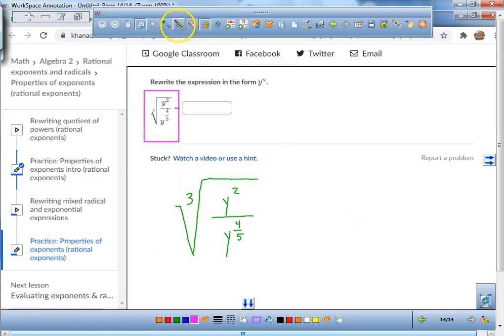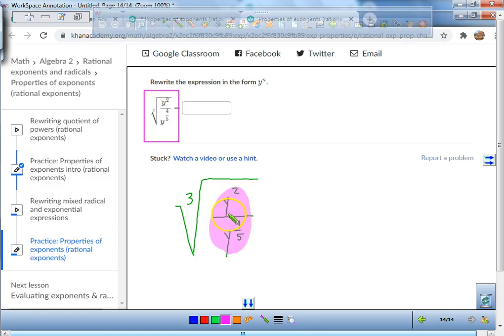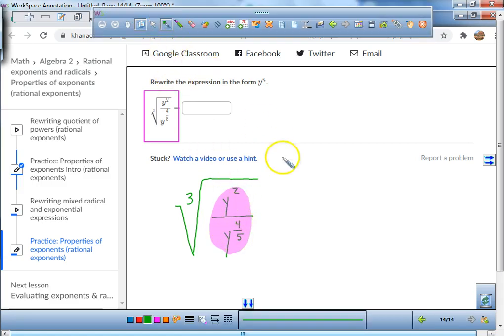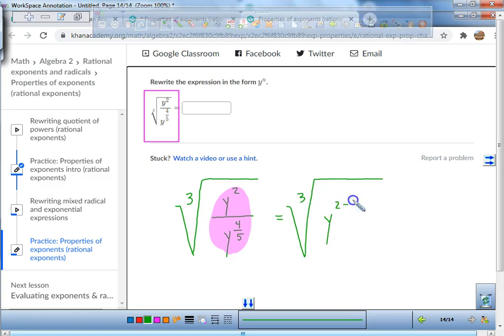What I always do first is I always ask myself, can I get this into a more simplified form? Now, you guys actually did this exact problem, well, not this exact problem, a problem similar to this in the previous assignment. What are we allowed to do with the powers? This is called the quotient property. So in the quotient property, you're allowed to take the powers and subtract the powers.